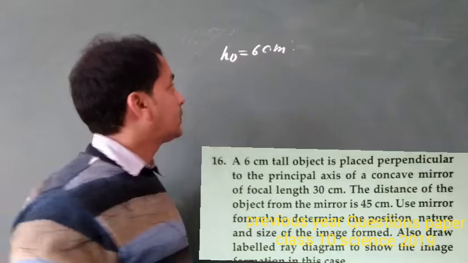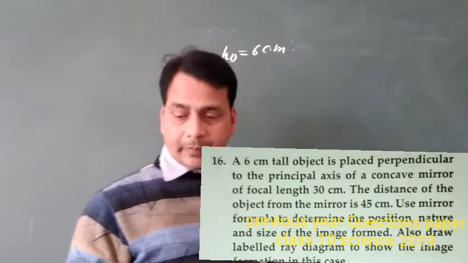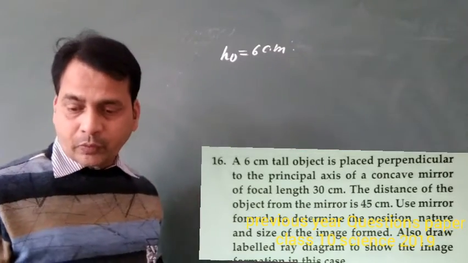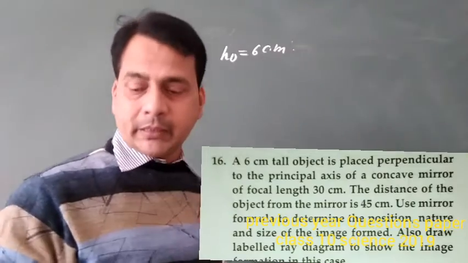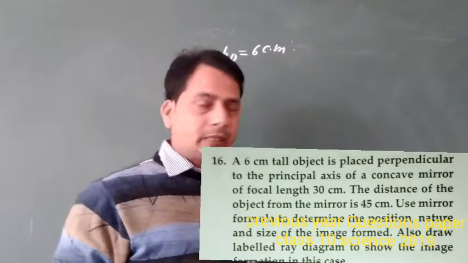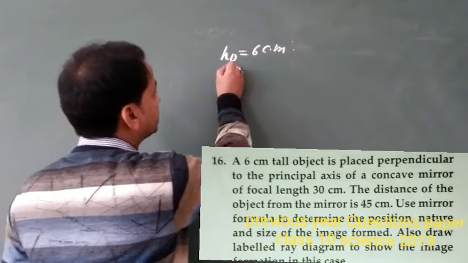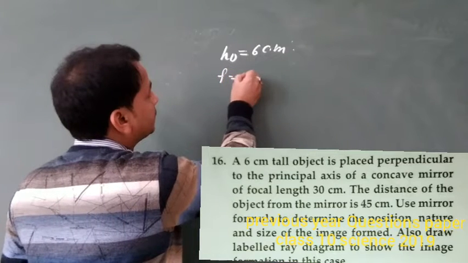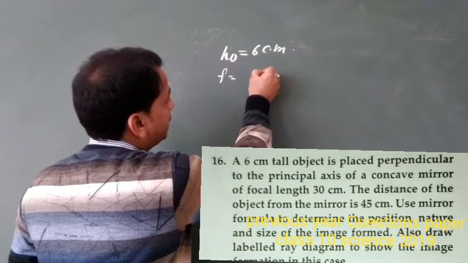So the height of the object is 6 centimeter and the focal length of this mirror is given as 30 centimeter.